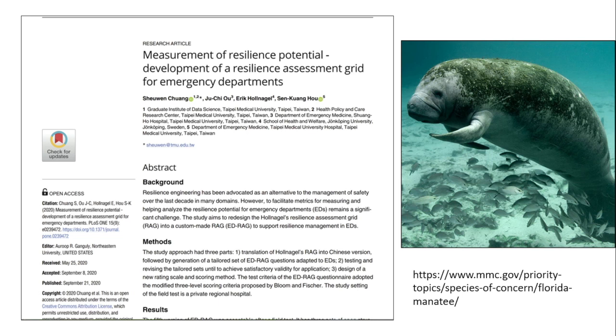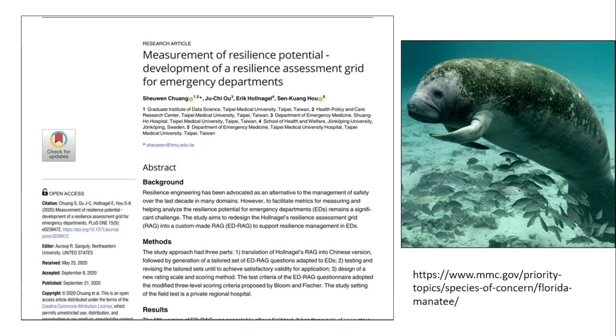I picked this one because it is an emergency department, and that's where I live clinically. They looked at creating an ED-specific resilience analysis grid as well as how to quantify it, or at least semi-quantify it, and make comparisons over time.